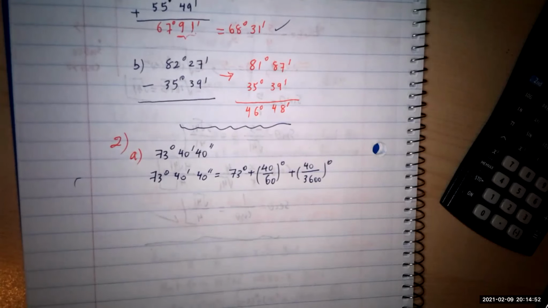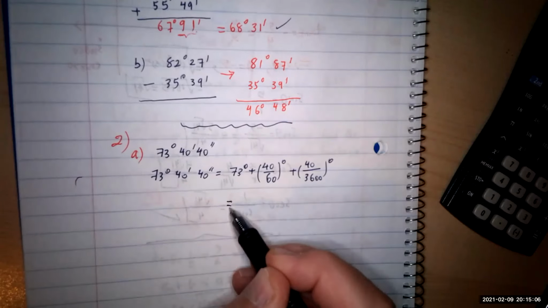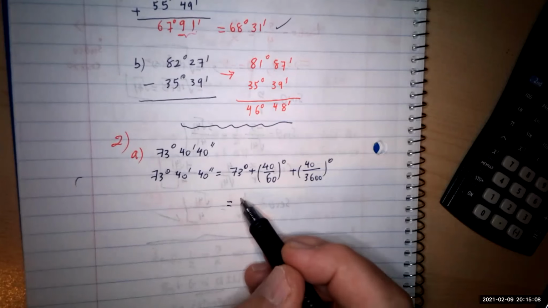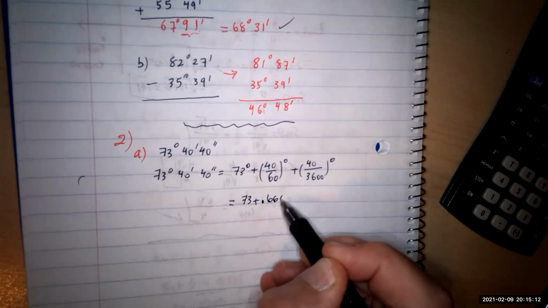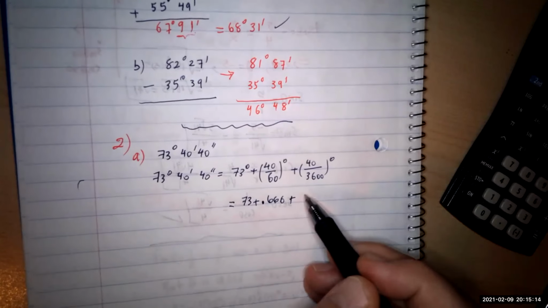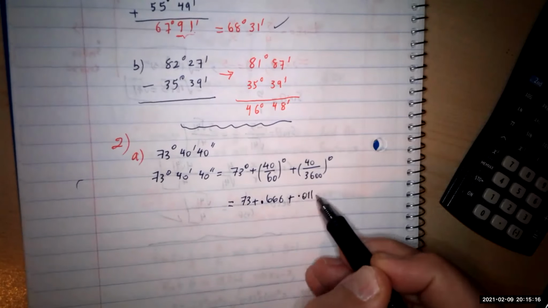You can divide it using your calculator if you like, but I have the numbers, so you can check it for yourself. You should get 73 plus 0.666 plus 0.011.